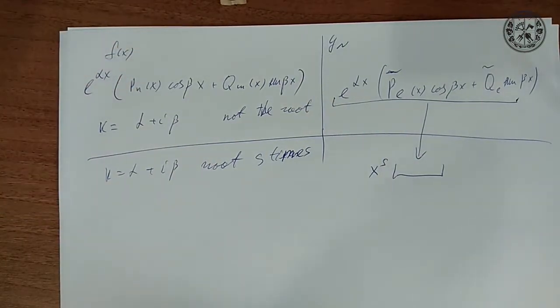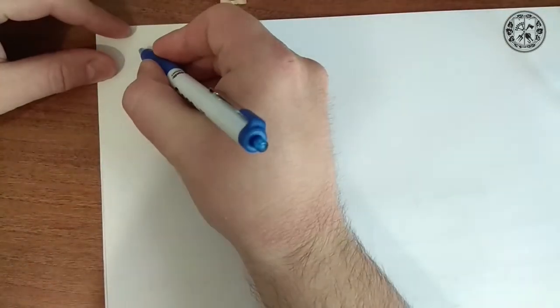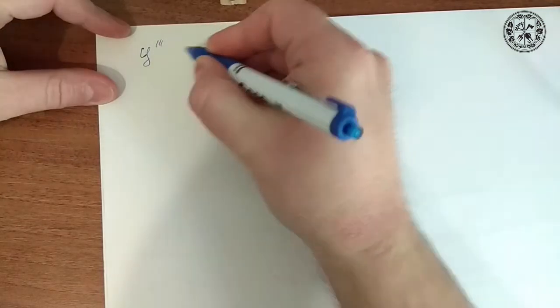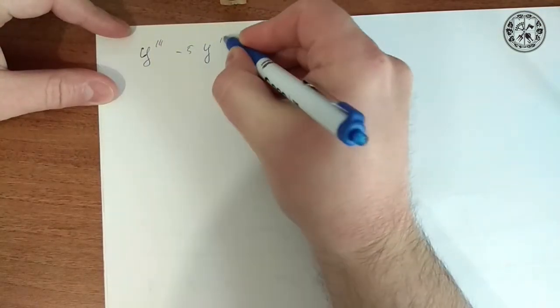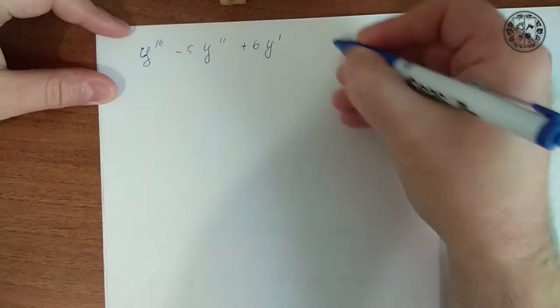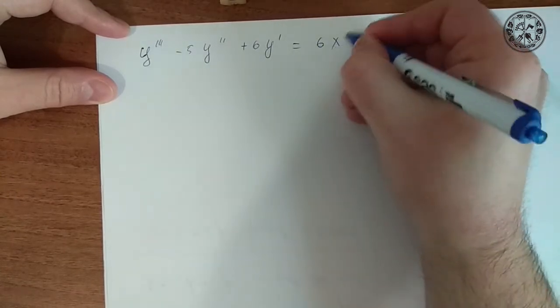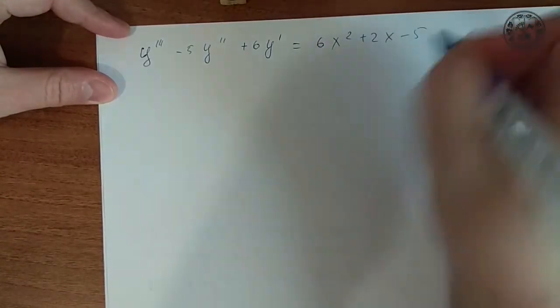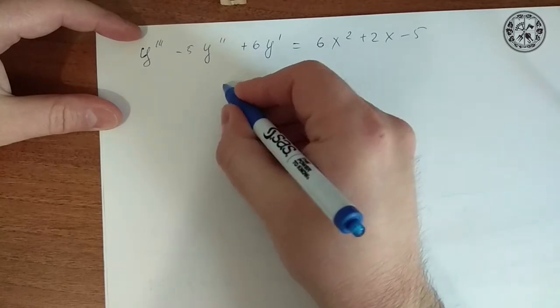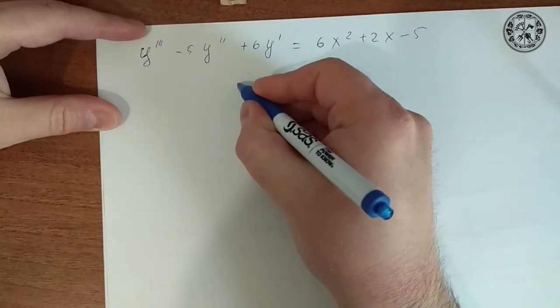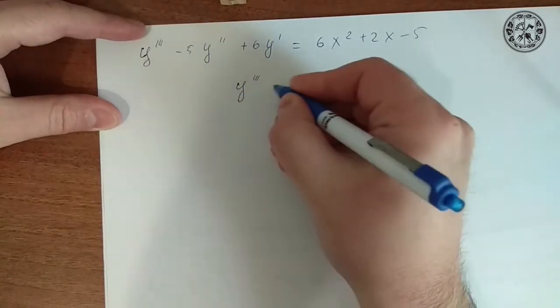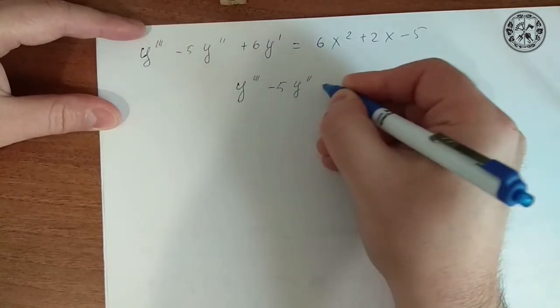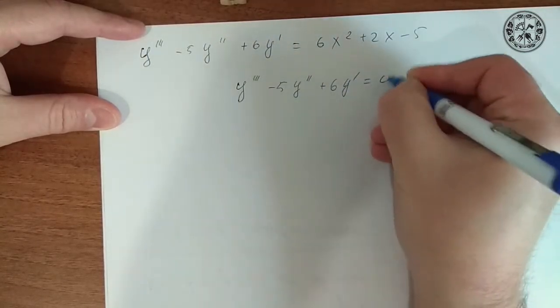Now let's consider some examples. Let us have the equation y triple prime minus 5y double prime plus 6y prime equals 6x squared plus 2x minus 5. Homogeneous version of this equation: y triple prime minus 5y double prime plus 6y prime equals 0.